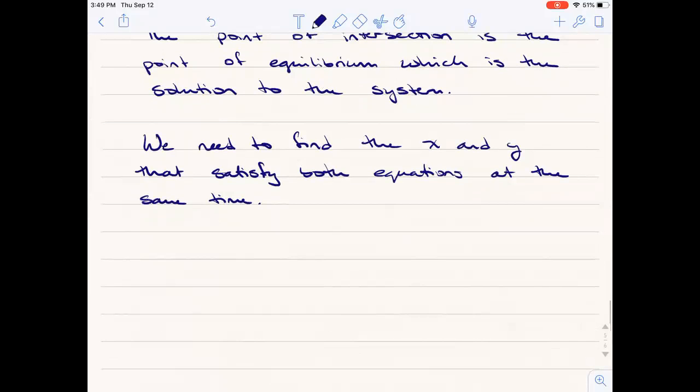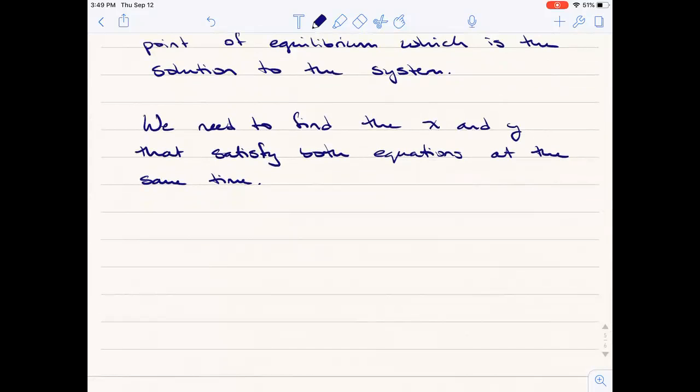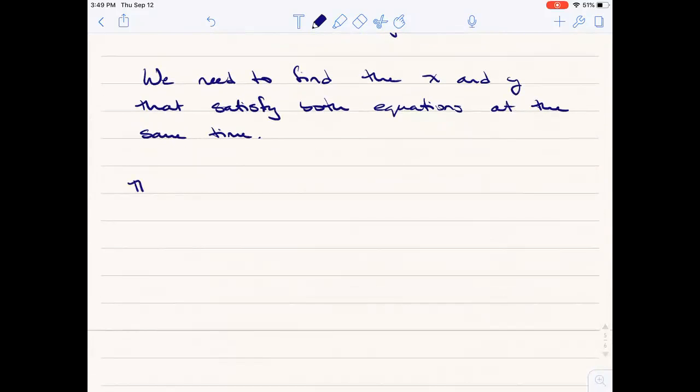So I'm just going to write out what they all are, and I'll show you some examples. So there are two common methods for solving systems of equations.